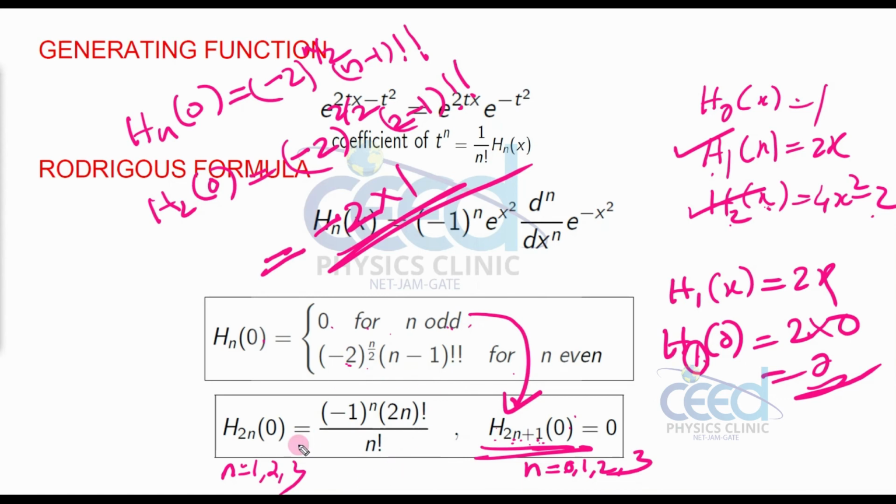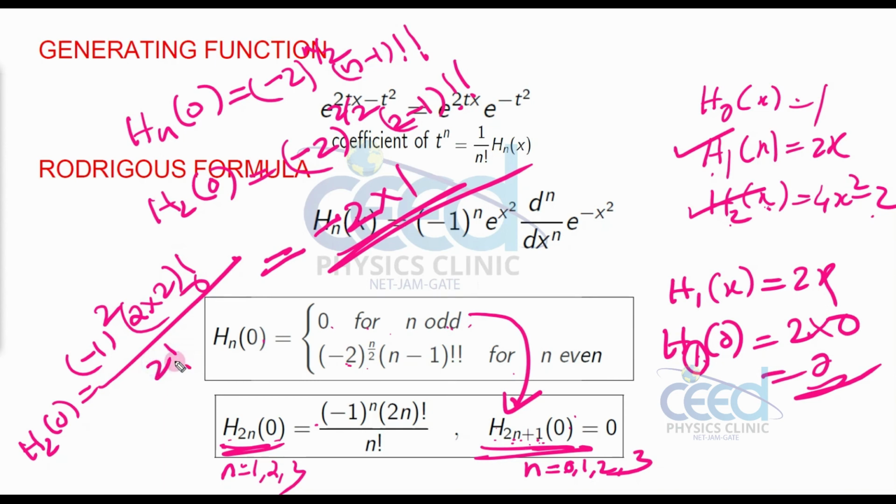That is minus 1 raised to n, into 2n factorial divided by n factorial. If you give n is equal to 1 here, h2 of 0 is equal to minus 1 raised to 1, into 2 factorial divided by 1 factorial. So that is minus, and 2 factorial is 2.